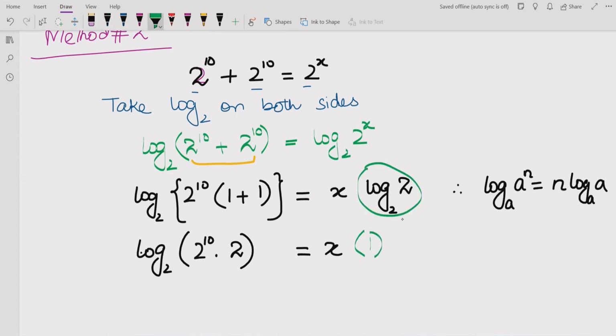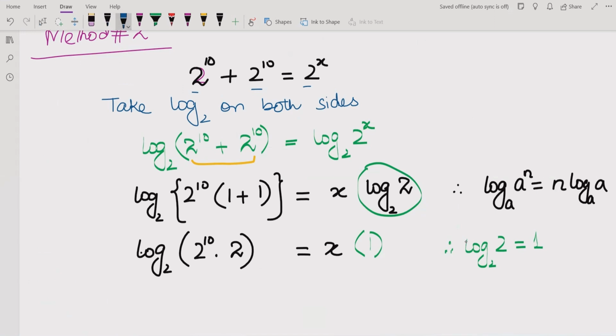Any log which has the same base, we will have the answer 1. If you have 2 here and you take log base 2, it equals 1. If you have 4 here and we take log base 4, it equals 1.